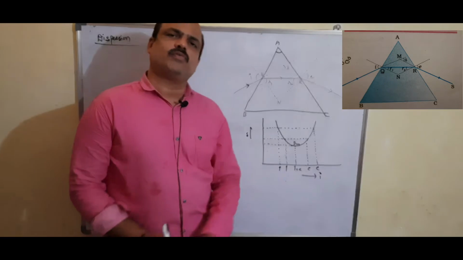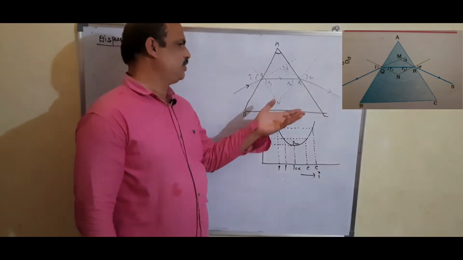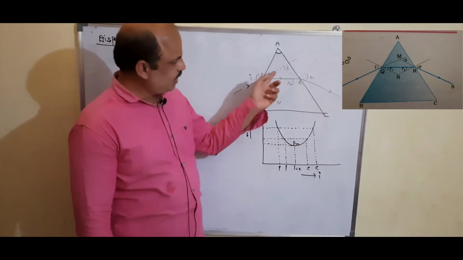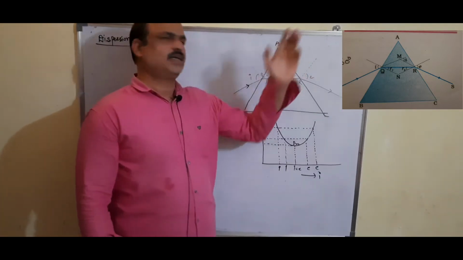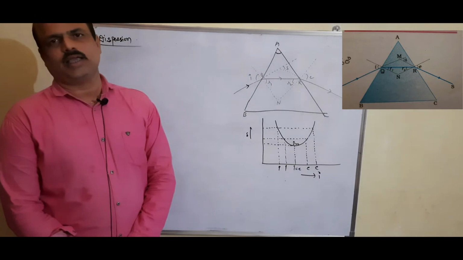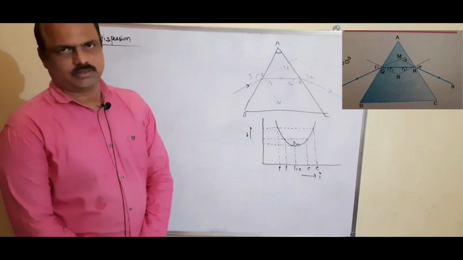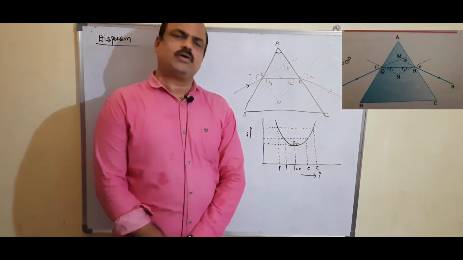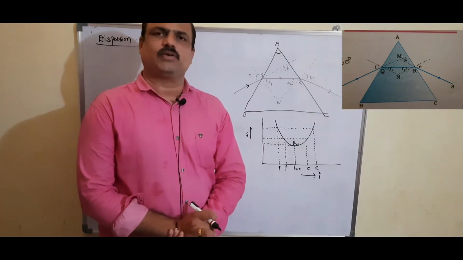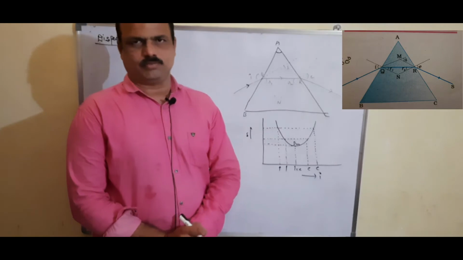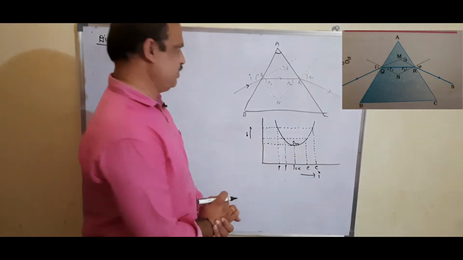What is meant by angle of deviation? It is the angle between the emergent light ray and the incident light ray. Now we are going to derive the refractive index of the prism by doing a derivation.